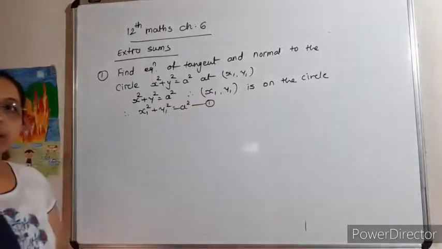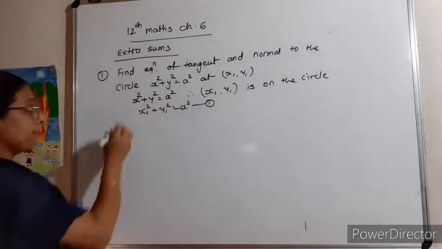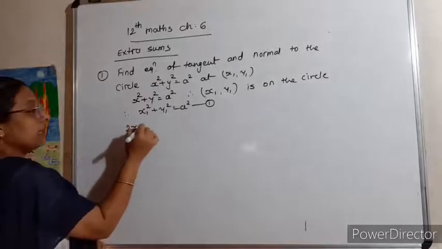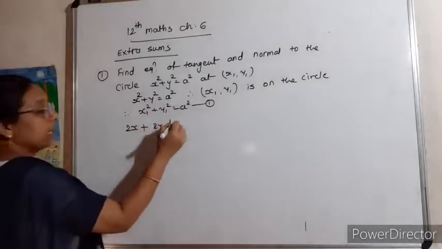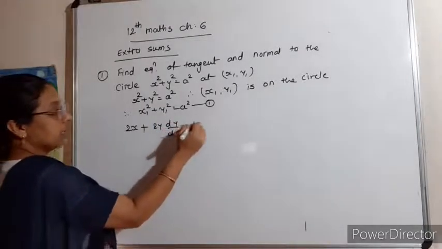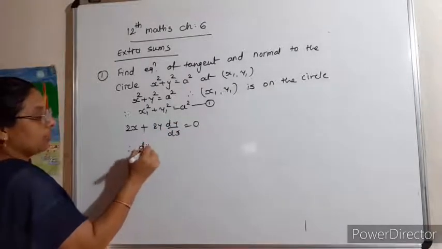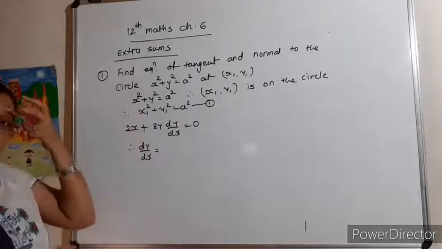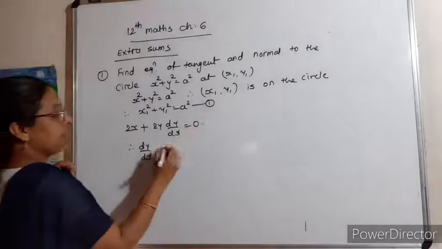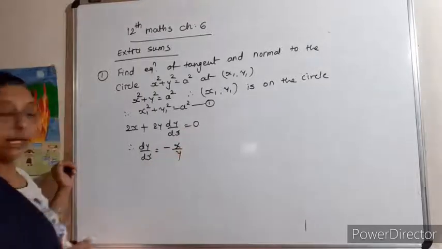This is number 1. Now, here, if you find the derivative of this, 2x, then 2y dy by dx equals 0. So from this you will find dy by dx is, 2 will cancel, minus x upon y.